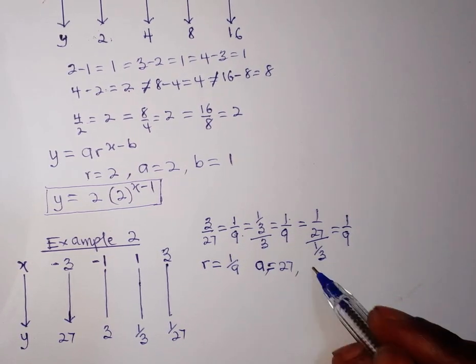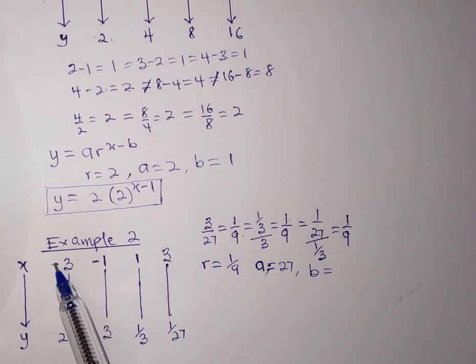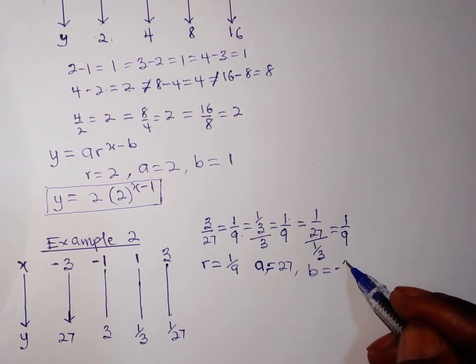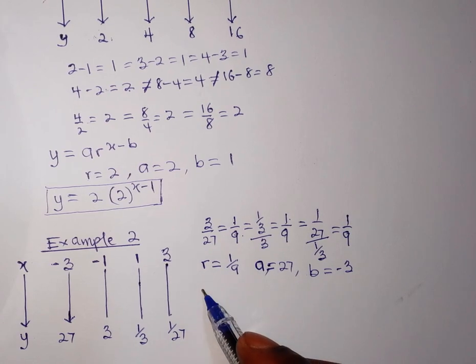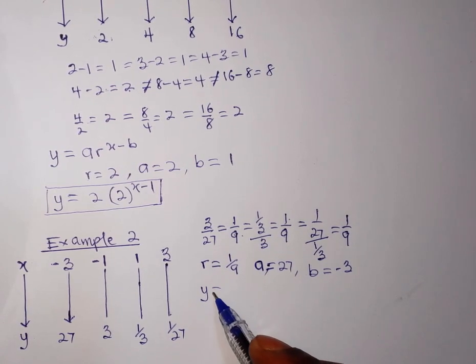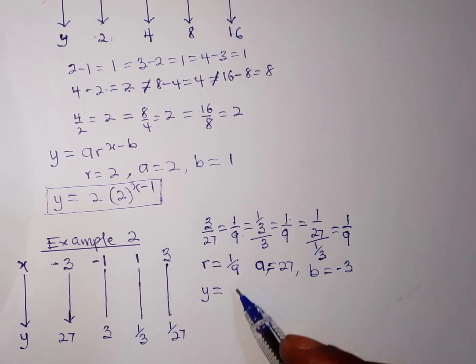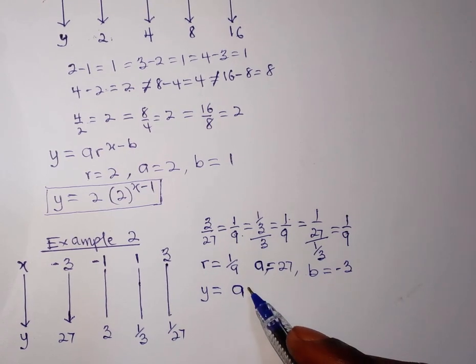And what about my B? My B is also the first element on the domain, which is given as -3. So I'm only going to substitute these values into my general rule. Very simple. It's not difficult. So this is my general rule for exponential mapping.